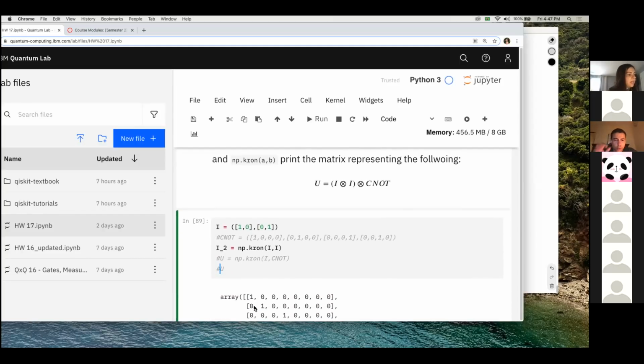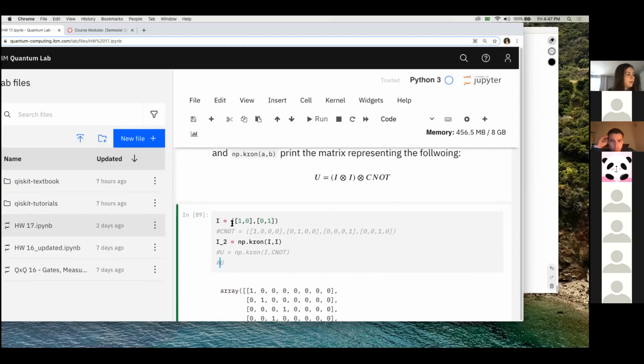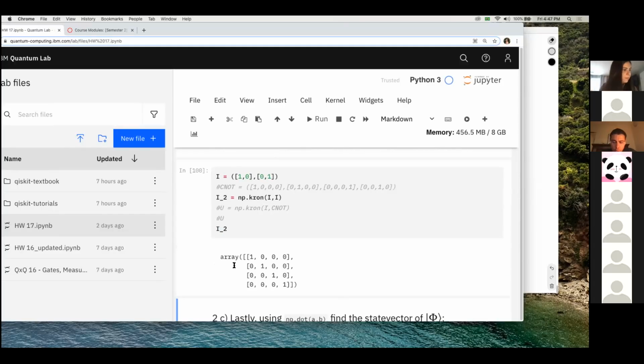I simply write the I matrix, and I'm going to call I2 the Kronecker product of these two matrices. That's this calculation here. And then I check I2, and this is exactly the matrix we got here, showing that my calculation is correct and that Python is doing its job.